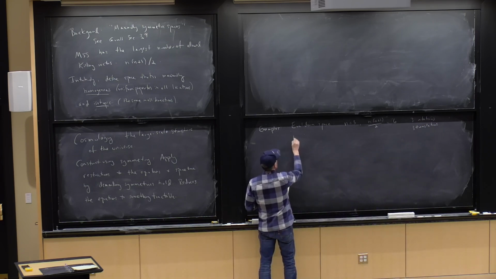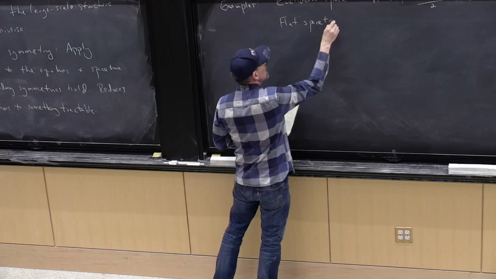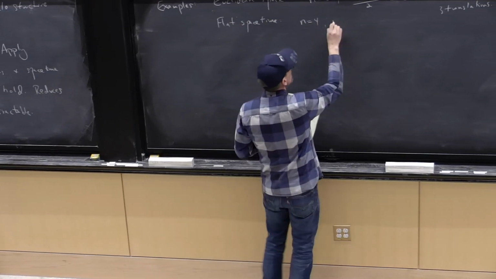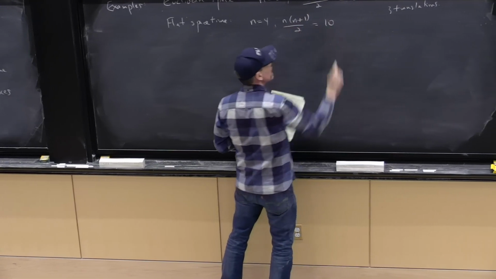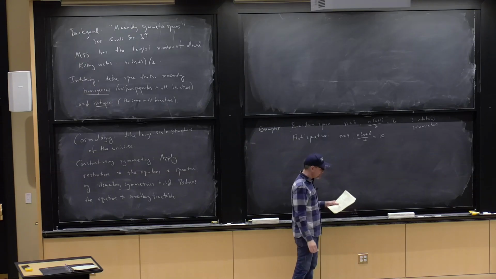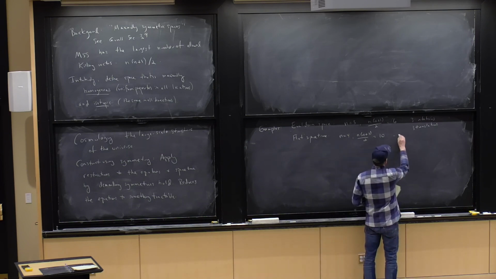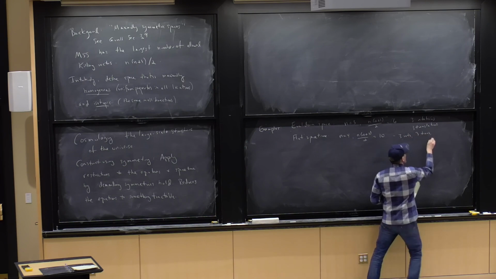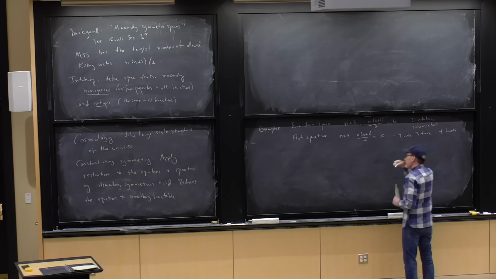Minkowski flat spacetime: n equals 4, and n times n plus 1 over 2 is equal to 10. I have 3 rotations, 3 translations, and 4 boosts. Okay?